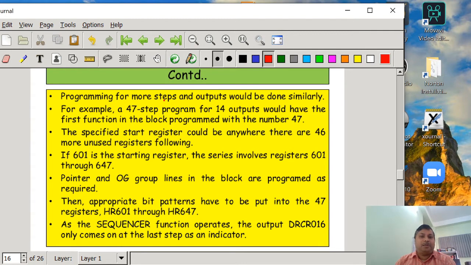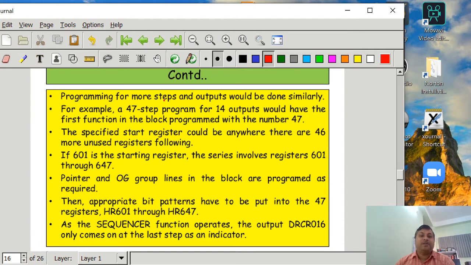There are 46 more unused registers following, and if 601 is the starting register, then the registers involved are 601 through 647. The pointer and OG group lines in the blocks are programmed as required, and then the appropriate bit patterns have to be put into the 47 registers, that is HR601 through HR647.